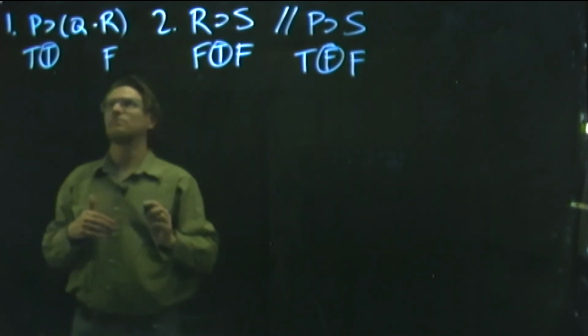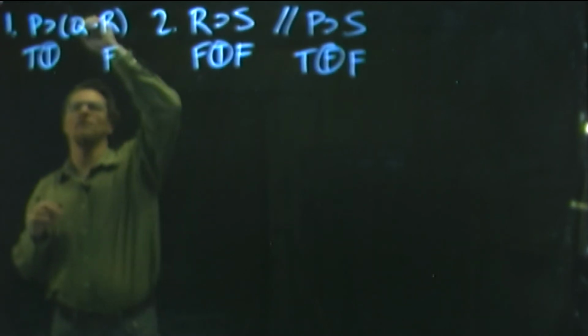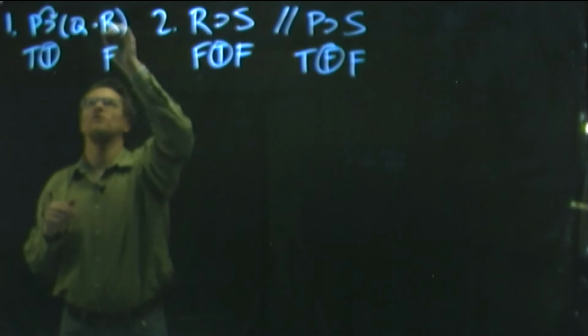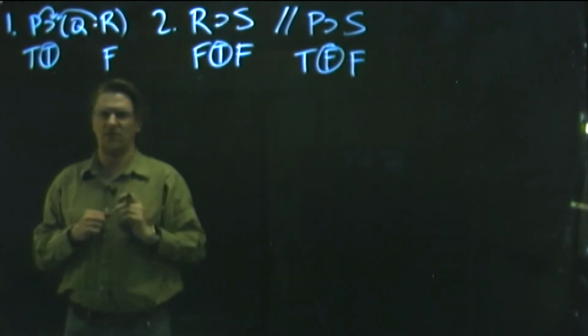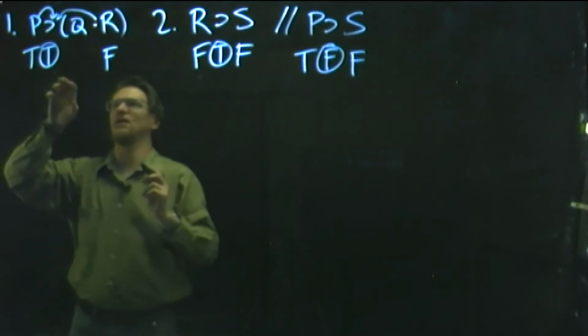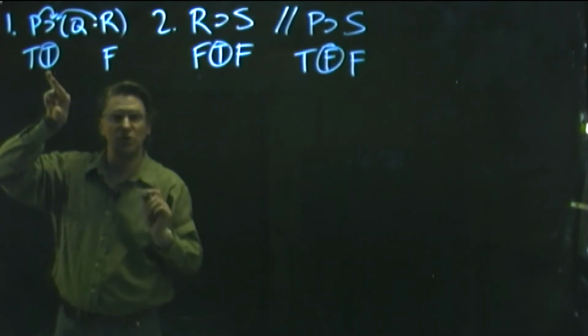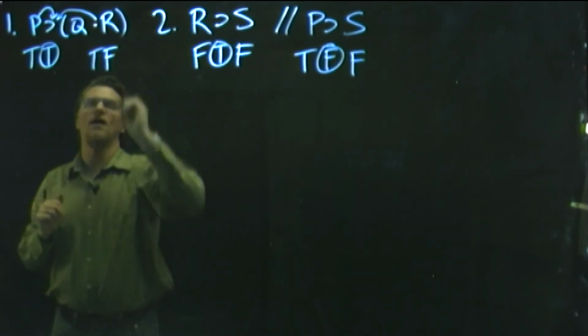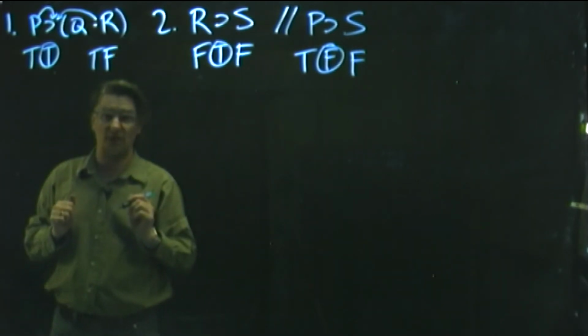Here, what do we have? Well, right here, we have P feeding into the horseshoe from the left, and the dot feeding in from the right. So we're looking at true horseshoe something that's going to get us true. If we want true underneath the horseshoe, and we've already got true over here in the antecedent position, the dot is supposed to be true to make that happen.